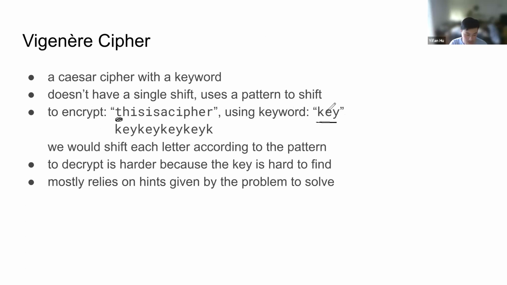I don't know what letter K is in the alphabet, but whatever number letter the K is in the alphabet, I'm assuming it's six. It probably is not six. Six is like E or F or something. But if K was the sixth letter in the alphabet, then you shift this first letter by six.